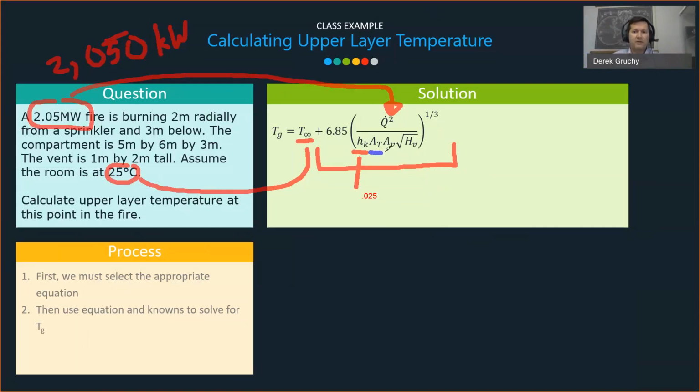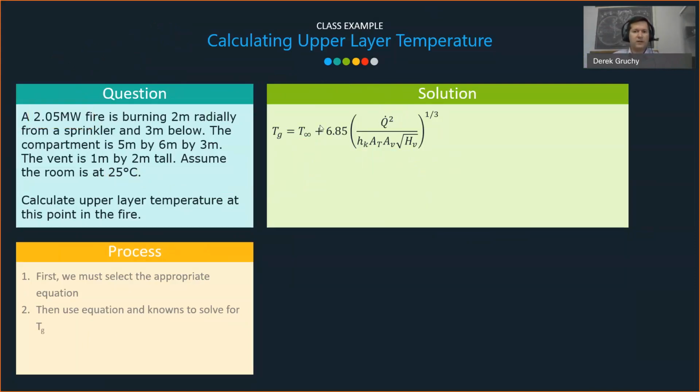And then the last part is the ventilation parameter. Okay, so the area of the vent, the area of the door, and then the height of the door square rooted. So we're going to take all that information, put it in there, and then we'll end up determining what the actual heat release rate turns into for heat-wise based on the geometry. And then we'll add that to the original temperature and figure out what the final temperature of the hot layer is.